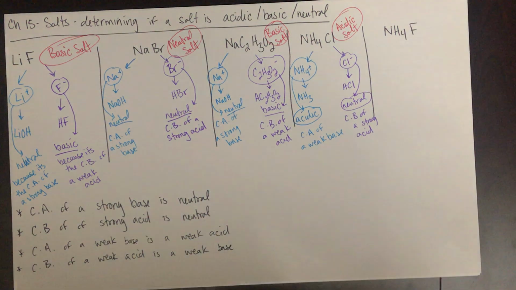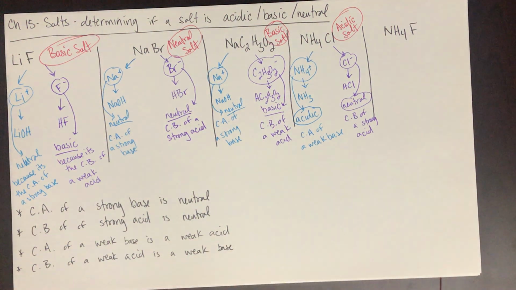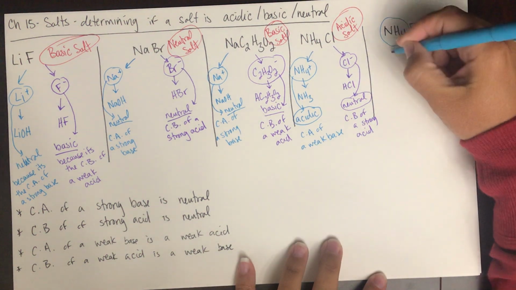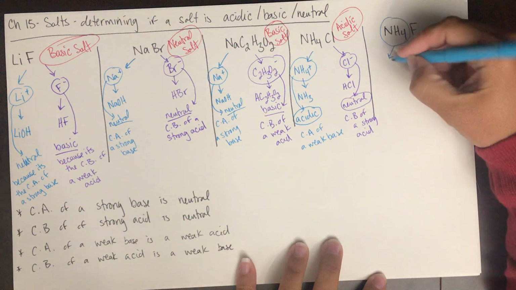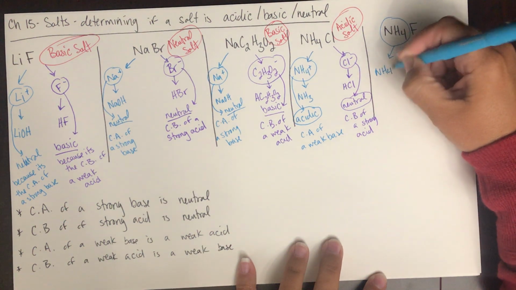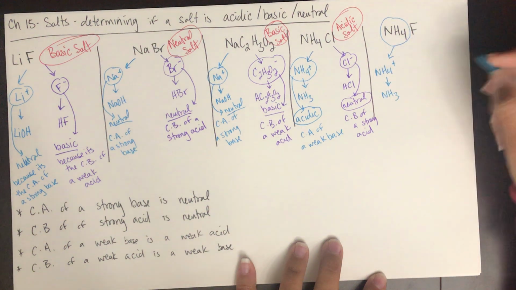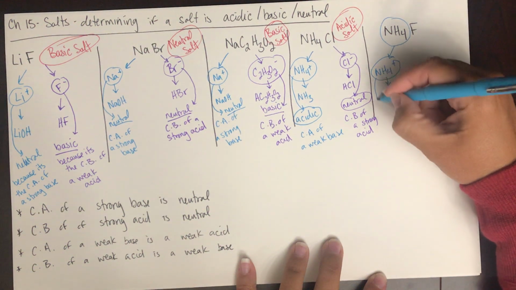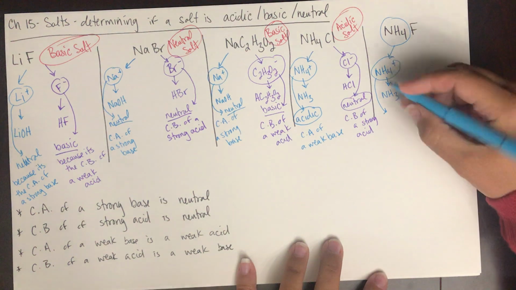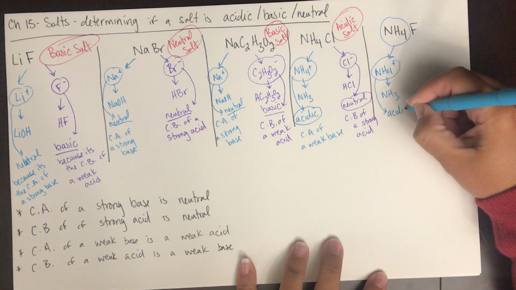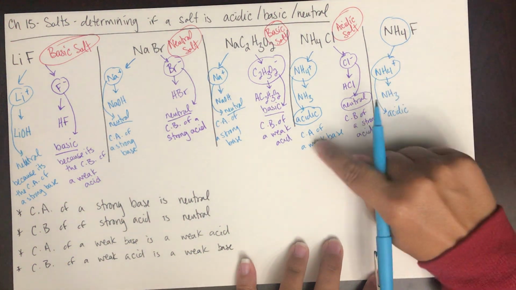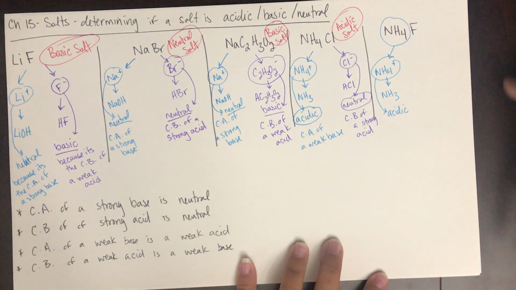Okay, one more. Let's look at ammonium fluoride. So, ammonium, NH4+, we said this is the conjugate acid of the weak base ammonia. So that makes NH4+ acidic. We know why, because it's the conjugate acid of a weak base.